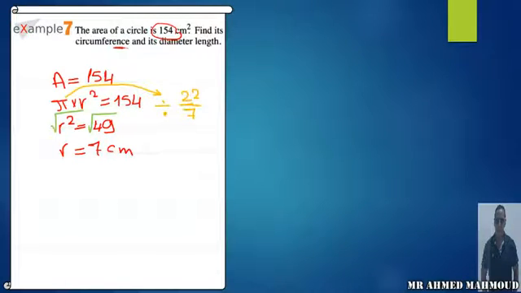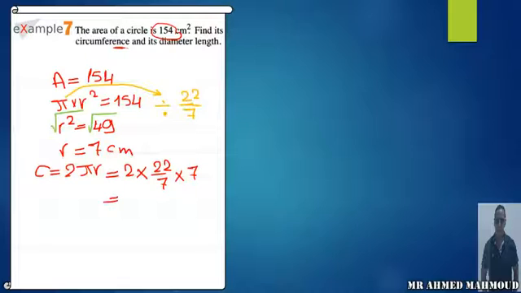First, the circumference equal what? The circumference equal 2 pi r, which is equal to 2 times 22/7 times r, which is 7.